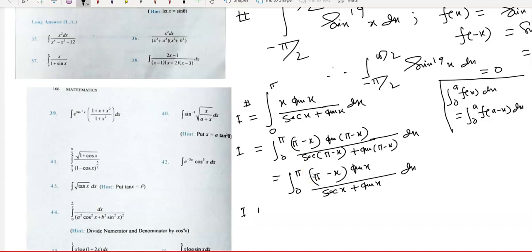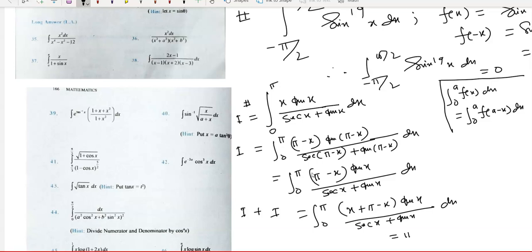I plus I is equal to the integral from 0 to pi of x plus pi minus x, tan x, divided by sec x plus tan x, dx. So there pi will remain outside, the integral from 0 to pi of tan x by sec x plus tan x dx.